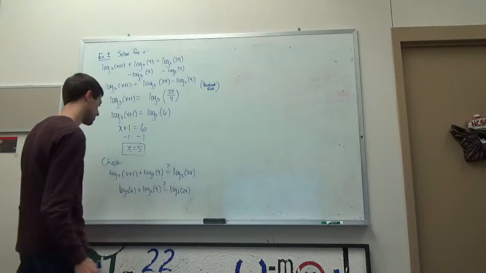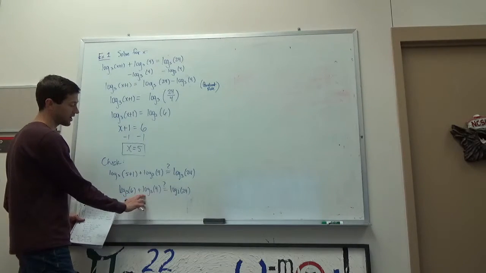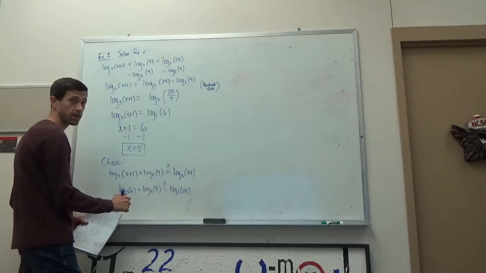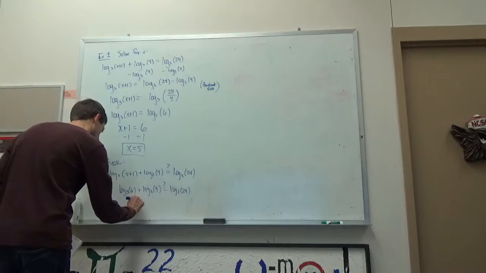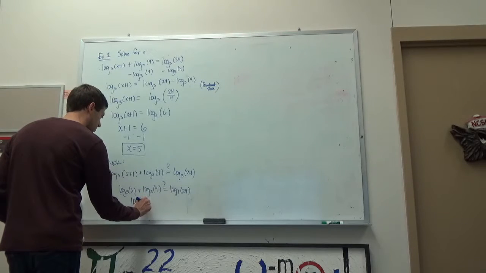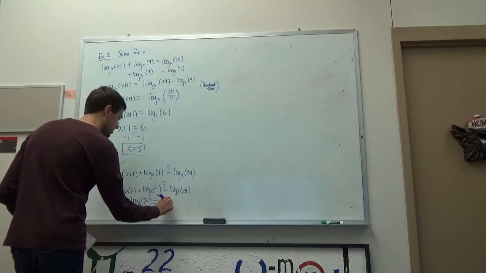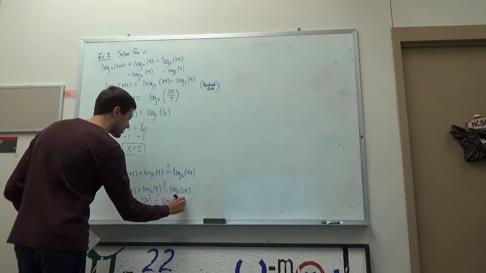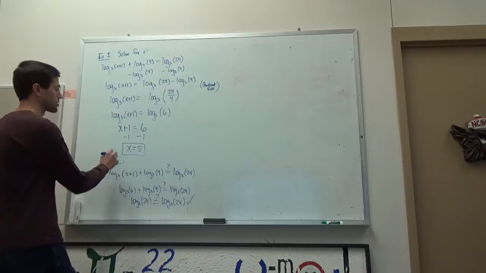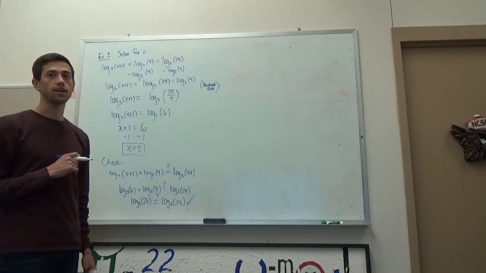Now there are a few ways that we can do this, but we could use our product rule here. When we're adding here, we can multiply the insides. Remember that. So log base 3 of 6 times 4 is 24. Does this equal log base 3 of 24? Yes, it does. So x equals 5 is our answer. Okay, any questions on that?